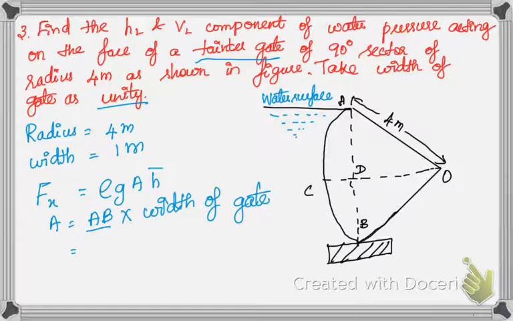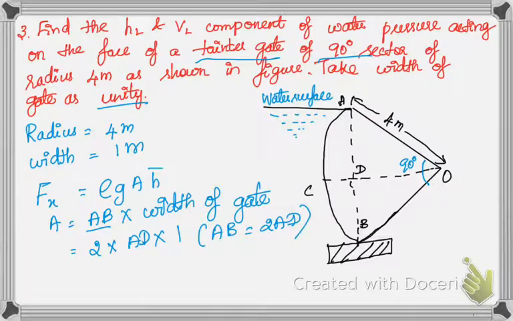AB is nothing but 2 into AD, into width of the gate which is 1. I forgot one data, that this angle will be 90 degree. This 90 degree is given in the problem, you can see here, 90 degree sector. So 2 into AD into 1. I'll write it here: AB is equal to 2 AD.